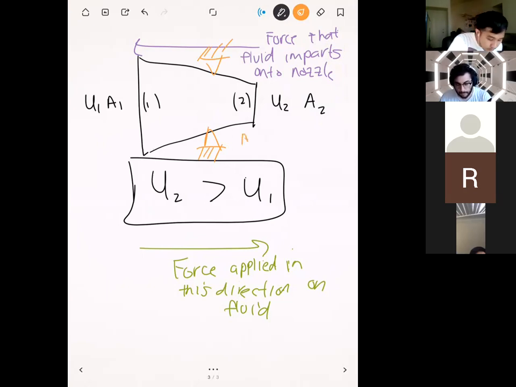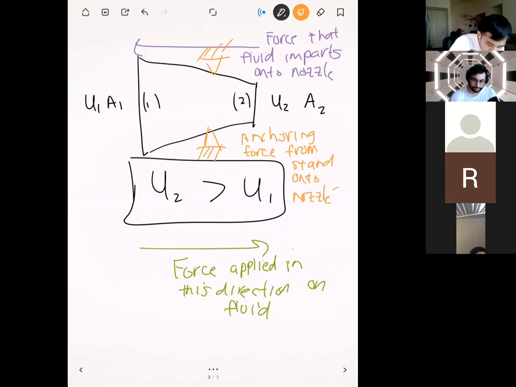And you might ask, what direction is this force going to go? And so the vocabulary here is really, really key.